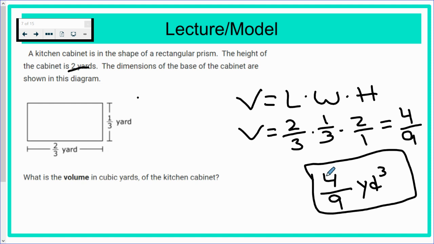So that is 4/9 yards cubed. Again, volume is cubic units, because we multiply 3 units, or 3 side lengths, I should say. That cannot be simplified. It doesn't need to become a mixed number because it's a proper fraction. So we are good to go.